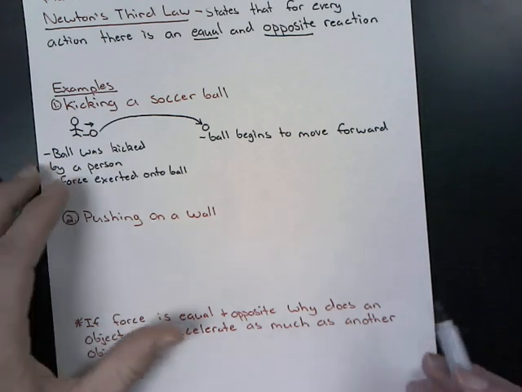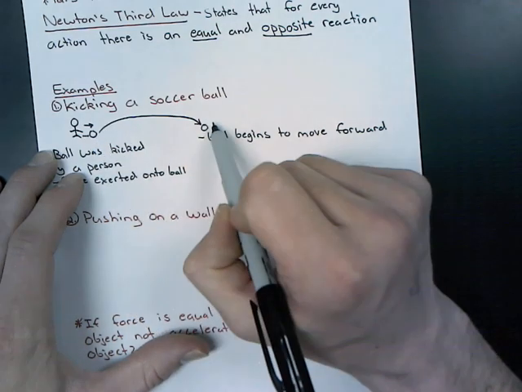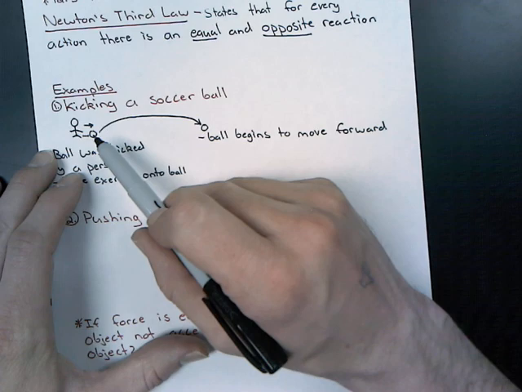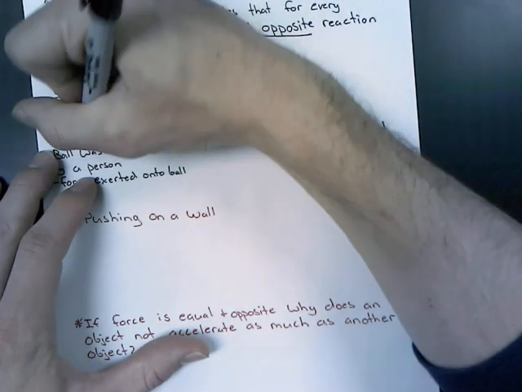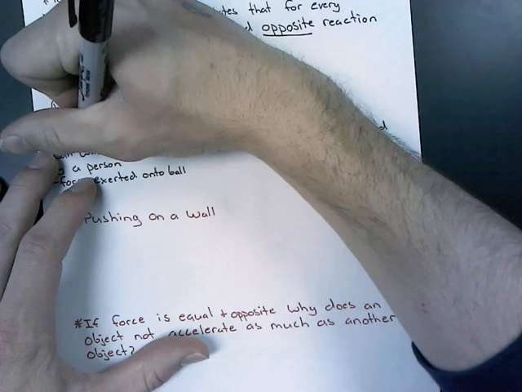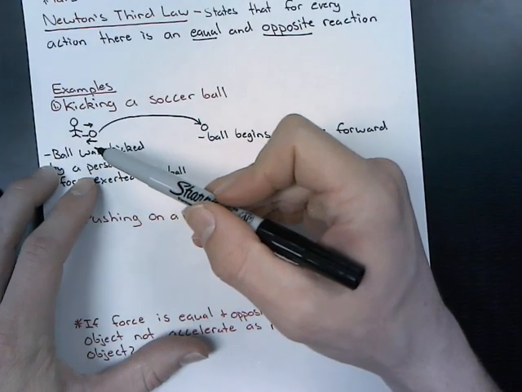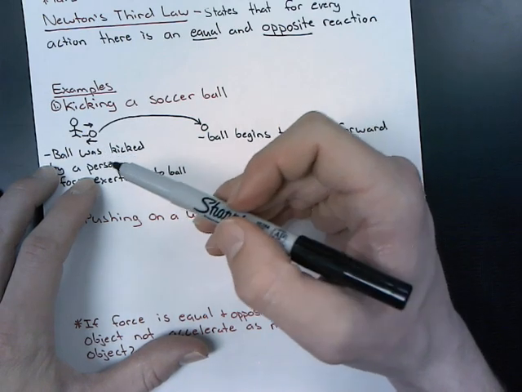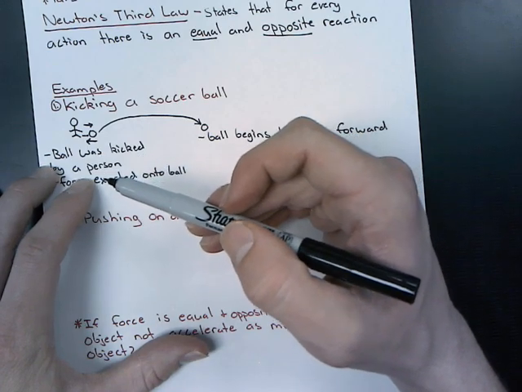There was. As the ball is kicked and moves forward, there is an equal and opposite force from the ball back towards that person. I'm going to represent that with an arrow. This backwards arrow represents that the ball exerts an equal and opposite force back onto that person's foot.